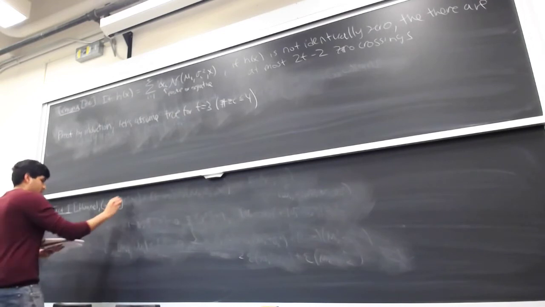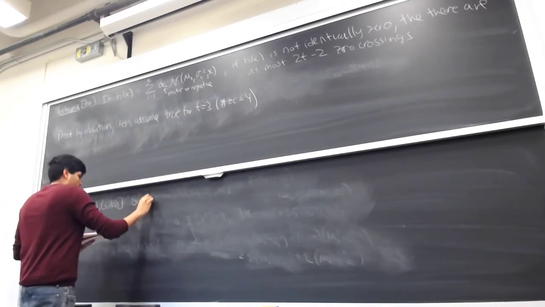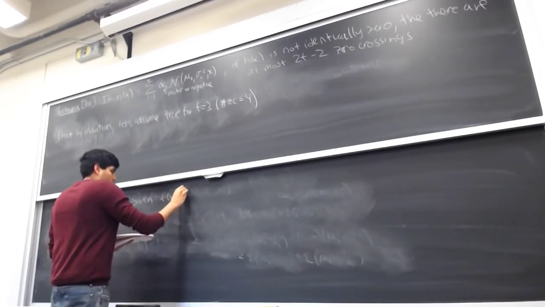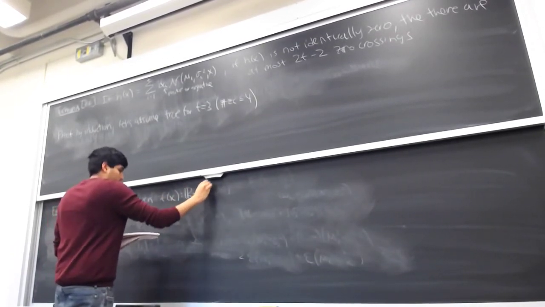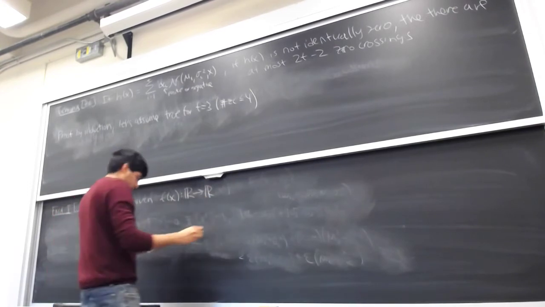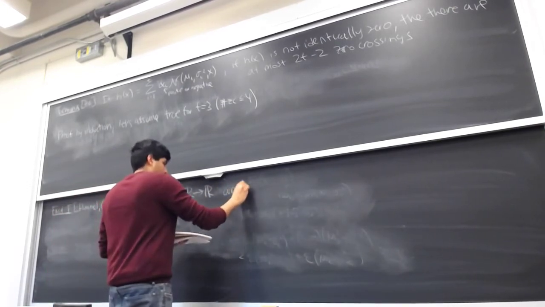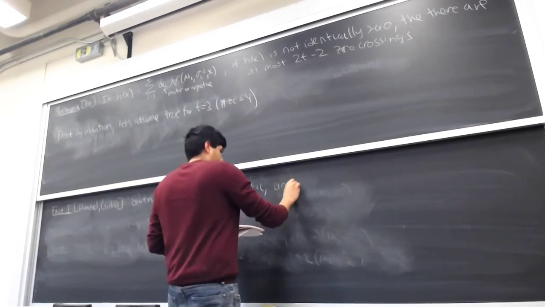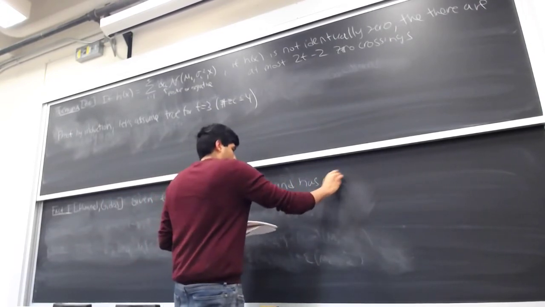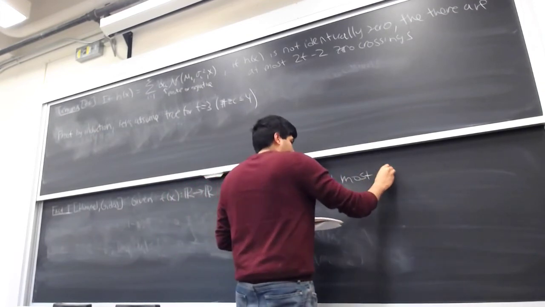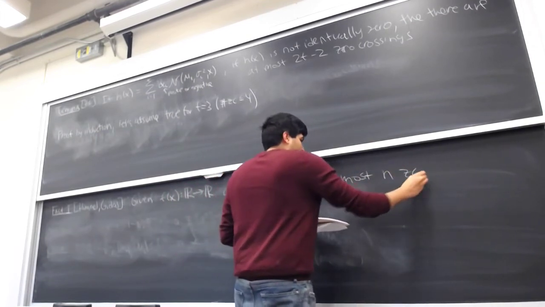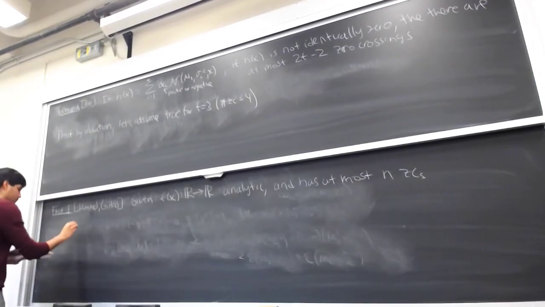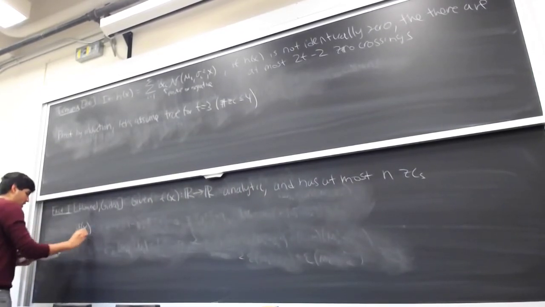And what it says is, given any function f of x on the real line that's analytic, don't worry about it, and has at most n zero crossings, well, we can define a smoothing of that function by convolving by a Gaussian.